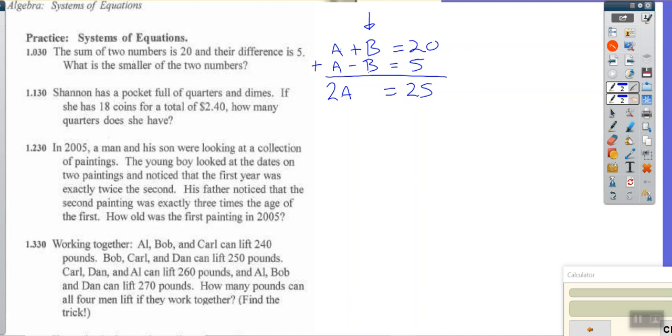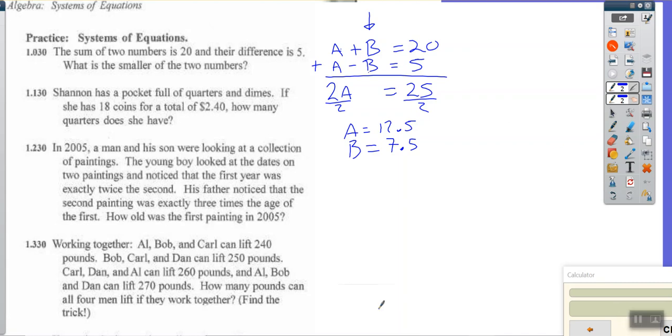So divide by 2, divide by 2, and so the larger number is equal to 12.5, which means the smaller number has to be 7.5. Right. So there is our first problem.